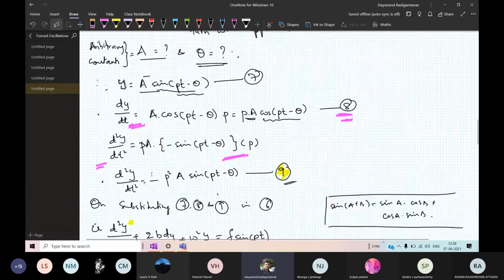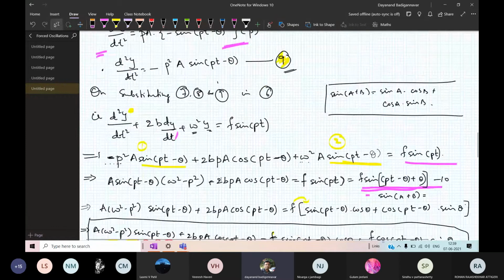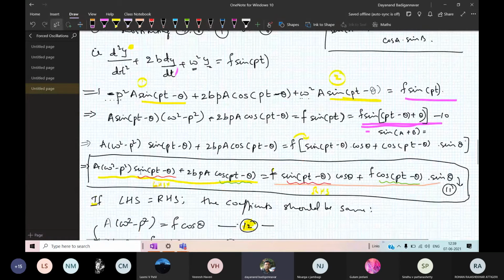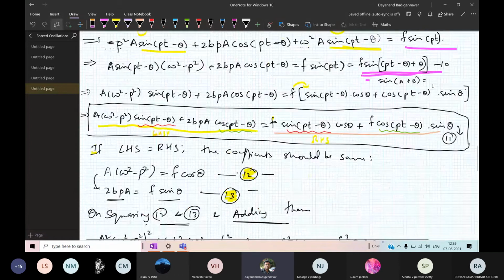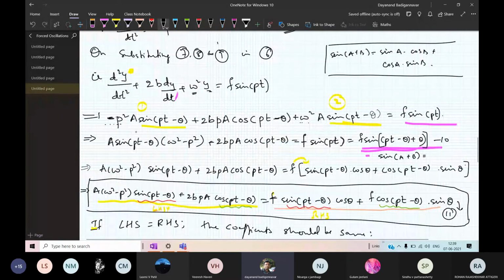You get this equation here. I have written here on substituting the equation, and I will do the simplification. First, I have done the substitution for d2y by dt square. Then 2b into dy by dt, it is here.